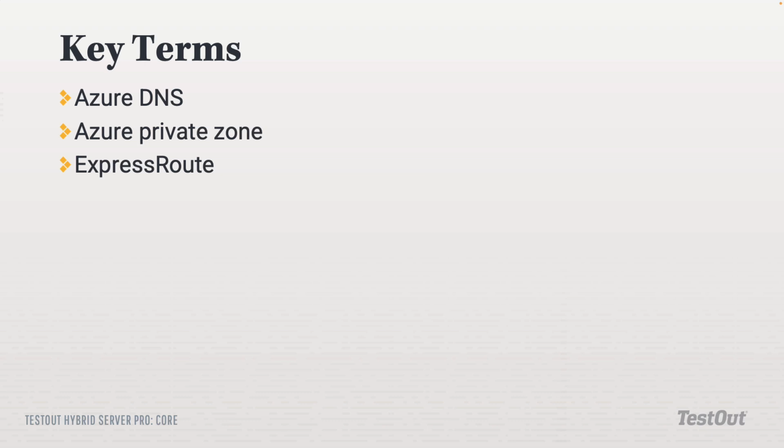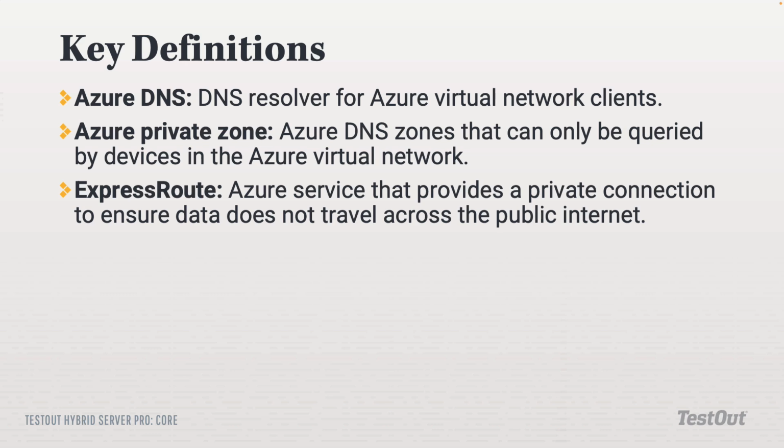So in this case, we're going to talk about Azure DNS, Azure Private Zones, and ExpressRoute. With Azure DNS, we basically have another zone up in the cloud that allows you to, yes, have a backup, but also have a place for your cloud infrastructure to resolve to, okay?